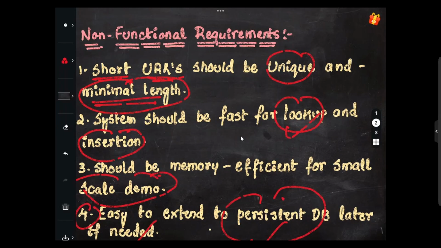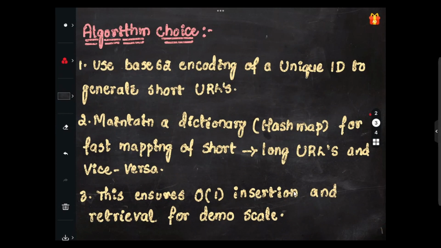Now that we have the functional as well as the non-functional requirements, let's move on with the concurrency as well as the data modeling. But before that, let's discuss the algorithm choice. Here we'll be making use of base 62 encoding of a unique ID to generate the short URLs.